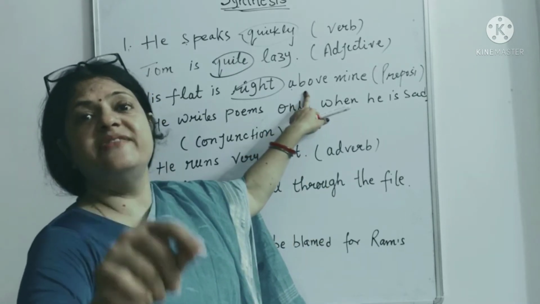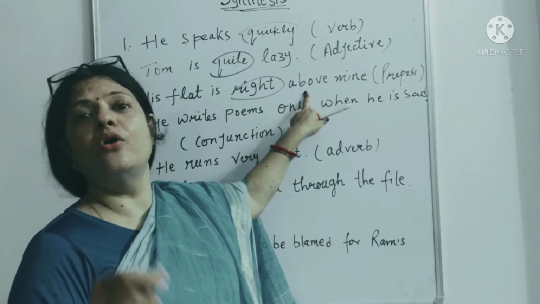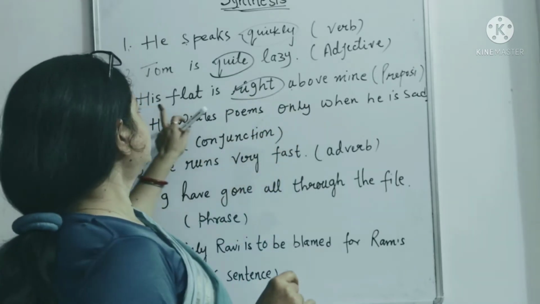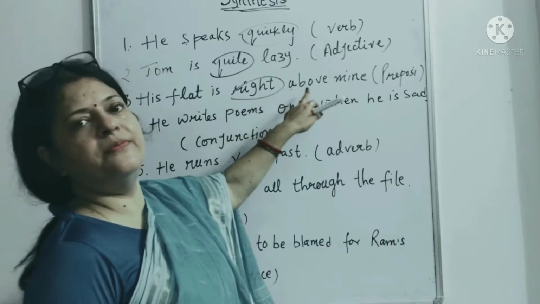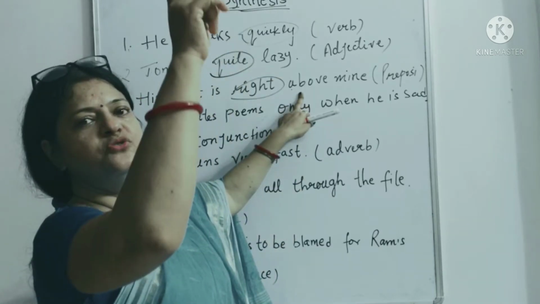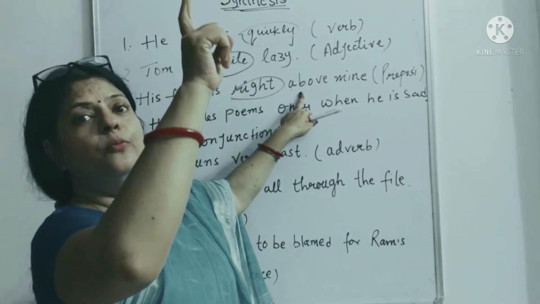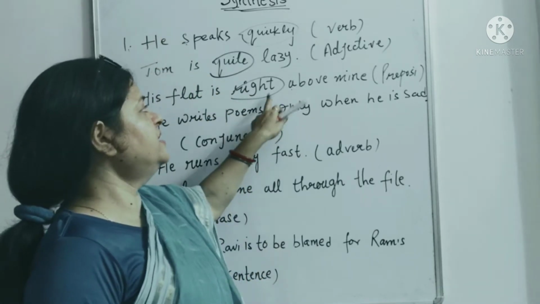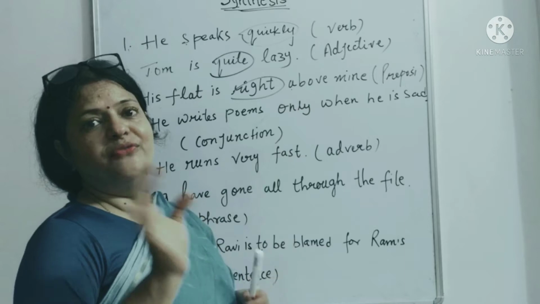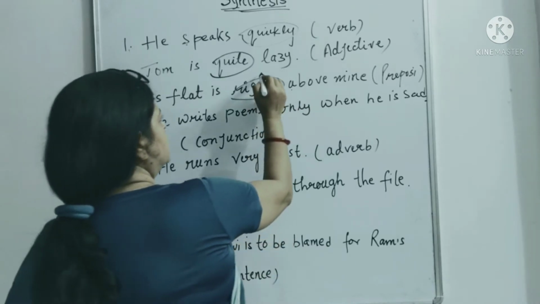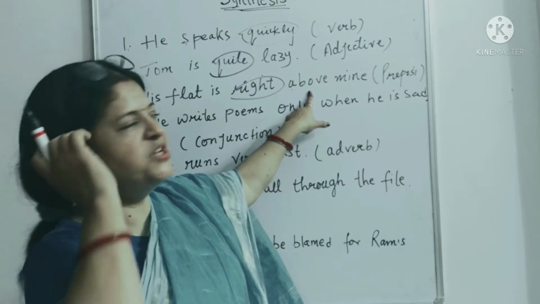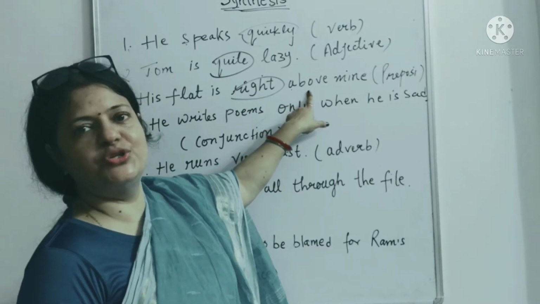It means it is giving extra information about this preposition, that his flat is right above mine. Above means ऊपर, बिल्कुल मेरे ऊपर है, उसका फ्लैट जो है बिल्कुल मेरे ऊपर है. So right above mine. So we have seen that an adverb also gives information about a preposition.